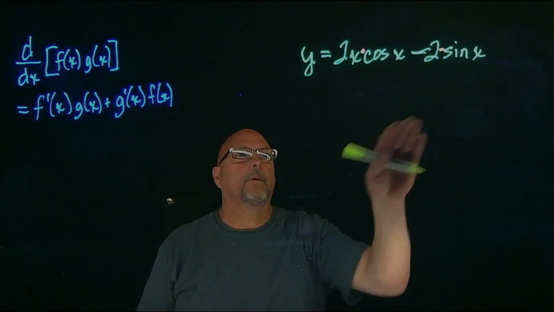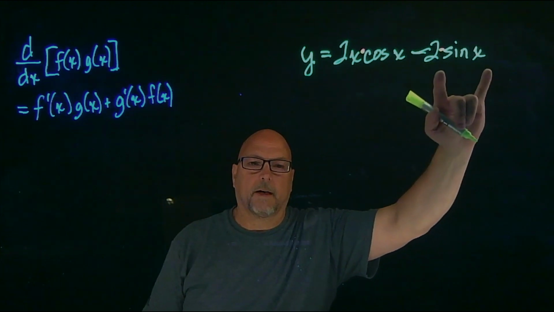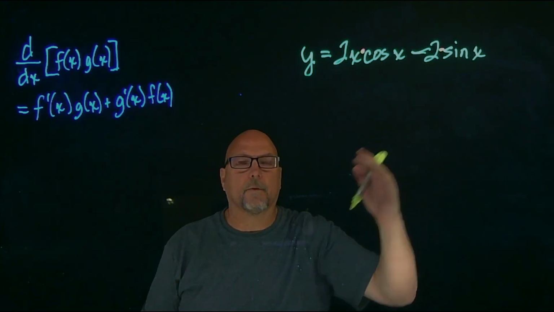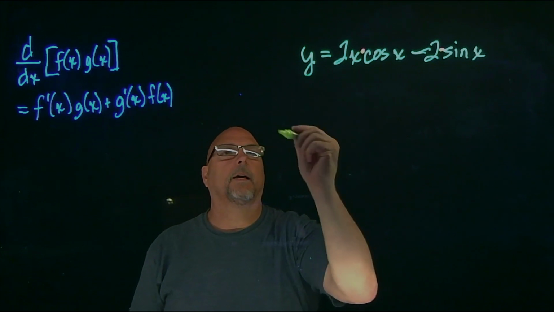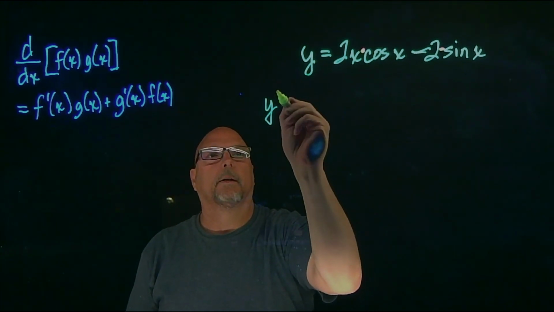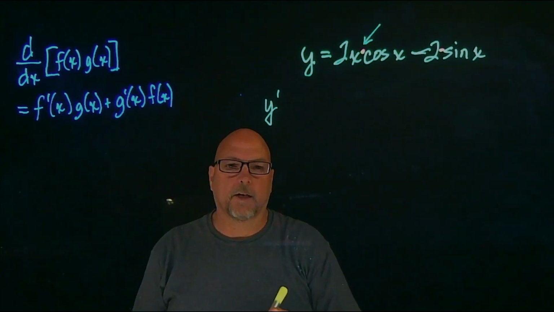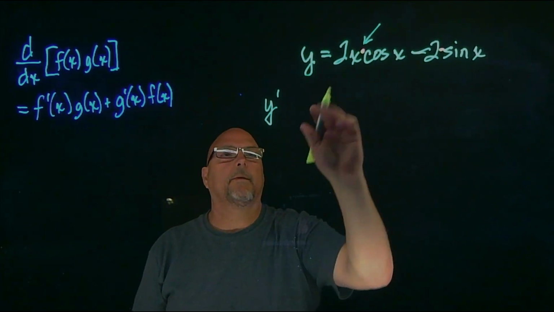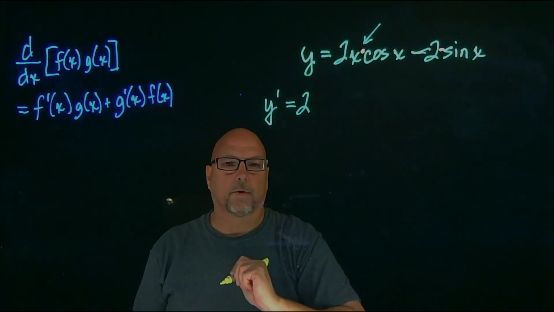All right, so starting with the third example, I have a term here and a term here. So I've got to go through and differentiate this term by term. So the first thing I would do is, and notice I already have my multiplication in here. So the derivative of the first is 2.